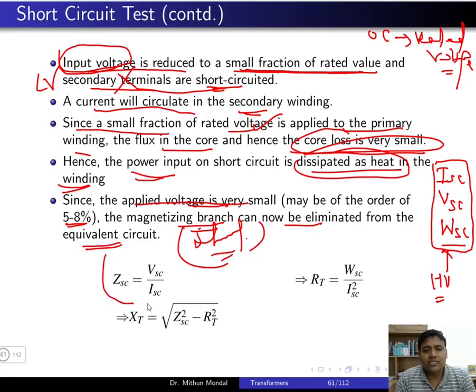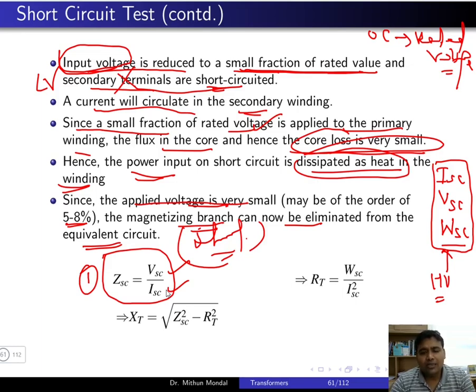The first calculation we need to find is Z short circuit. Z means the total impedance in the circuit, which is basically the voltage divided by the current under the short circuit condition. That will give you the short circuit impedance.